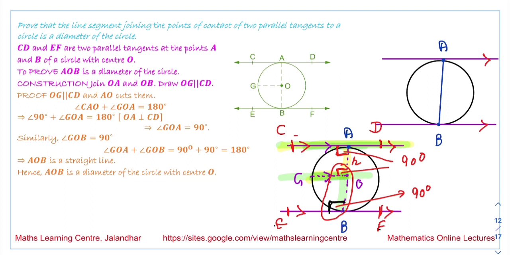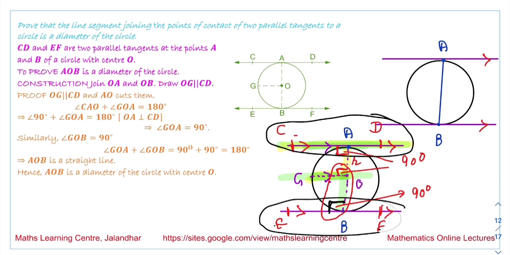And it is already given that this line CD and this line EF are parallel to each other. Then this GO and EF are parallel to each other. So this angle at O is also of measure 90 degree. So what we get is that in this first figure, this angle is 90 degree, this angle is 90 degree.